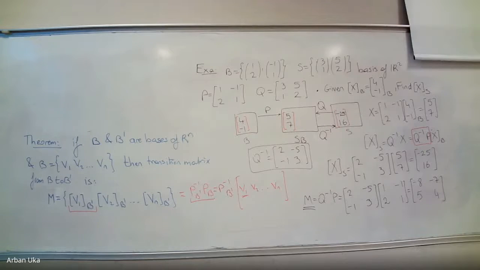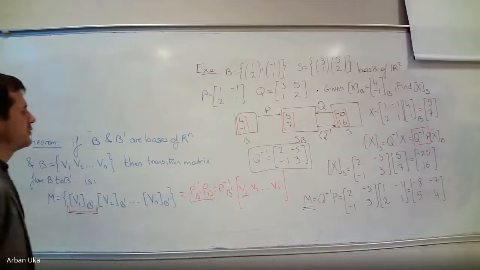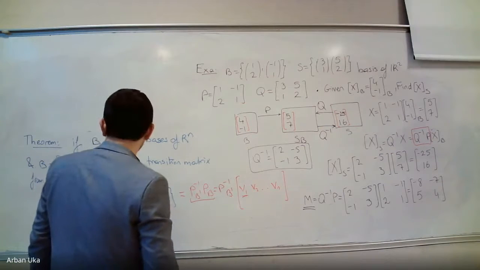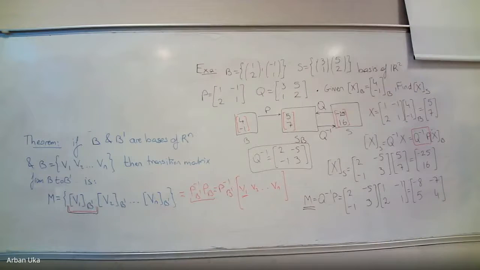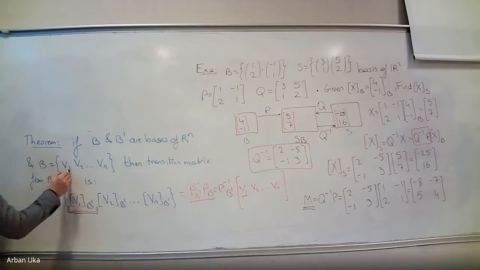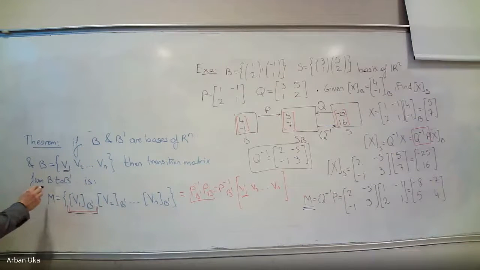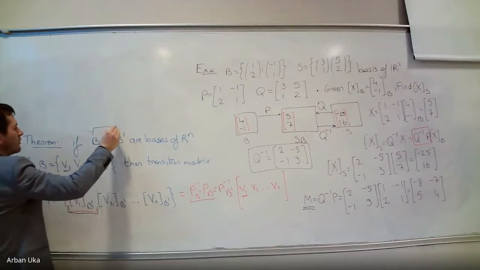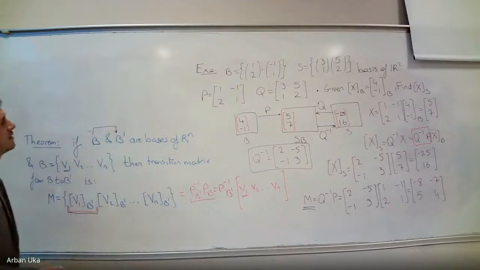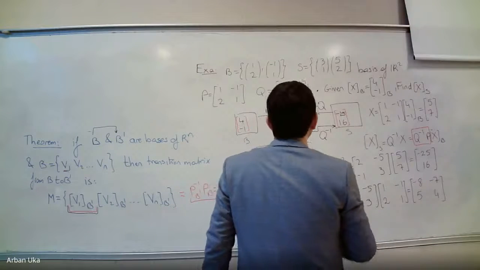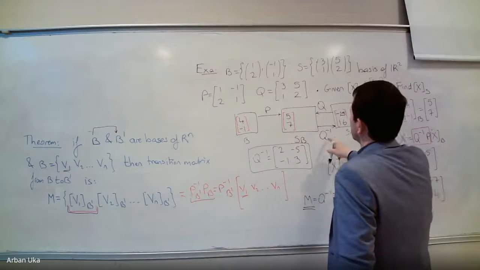The question is, how do we get these? We were transferring the transition matrix from B to B prime, and here we were going from B to S.